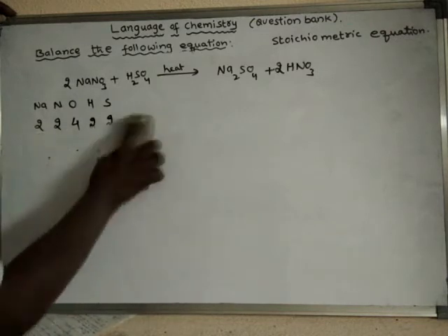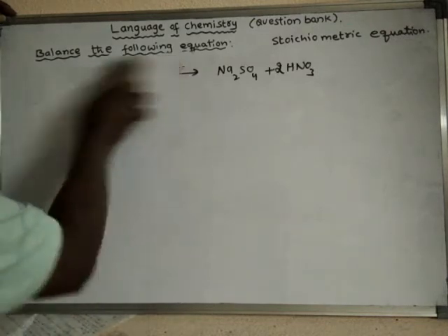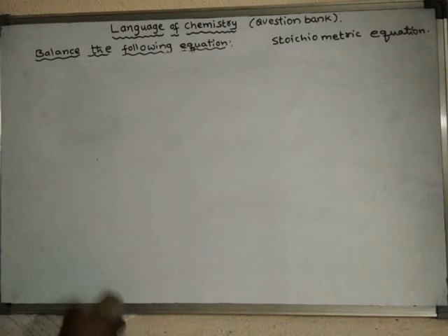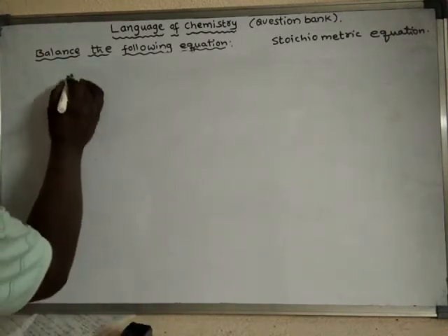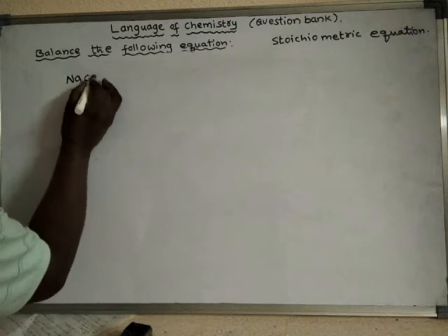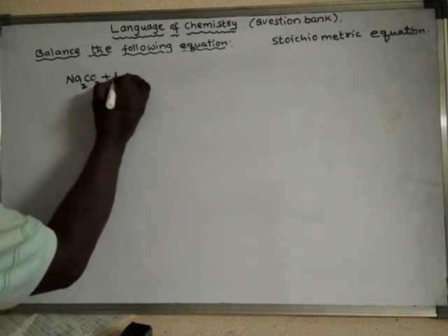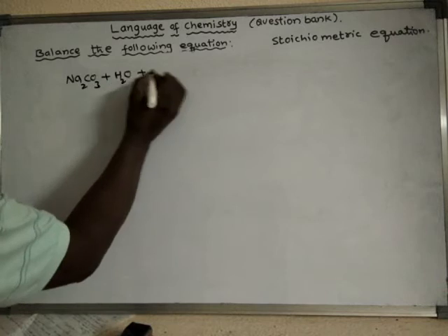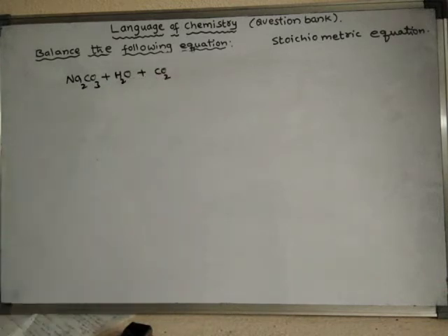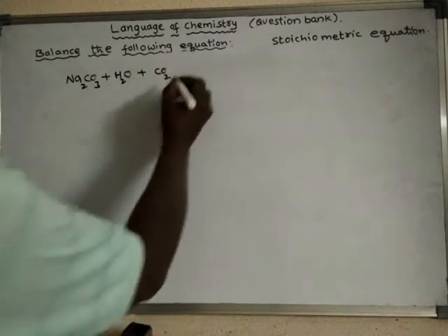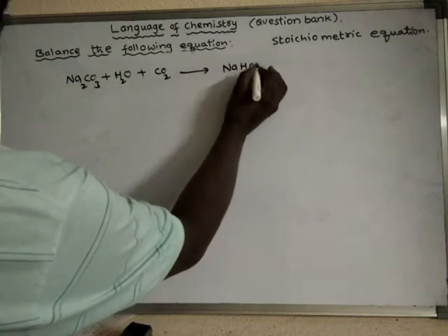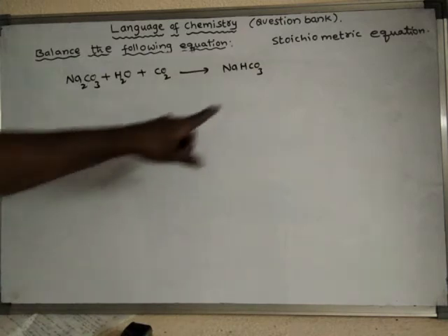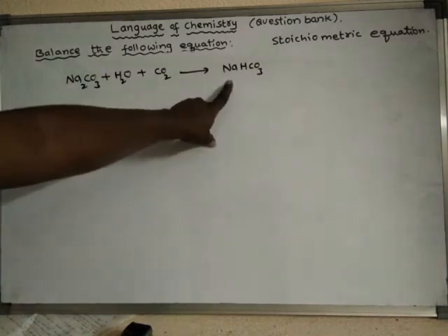Now we will take another example. Next, sodium carbonate plus water plus carbon dioxide, to form sodium hydrogen carbonate, or else it is also called sodium bicarbonate.